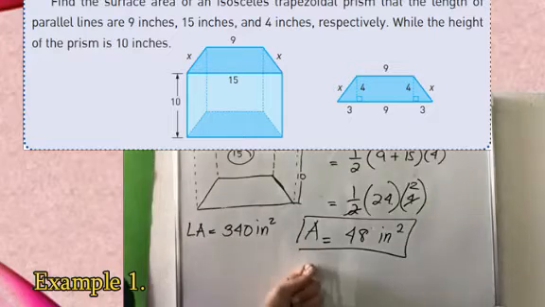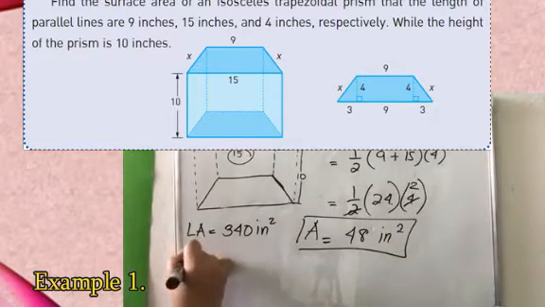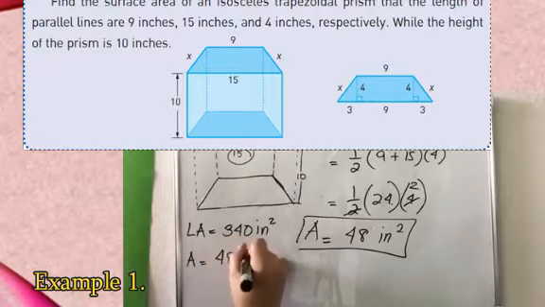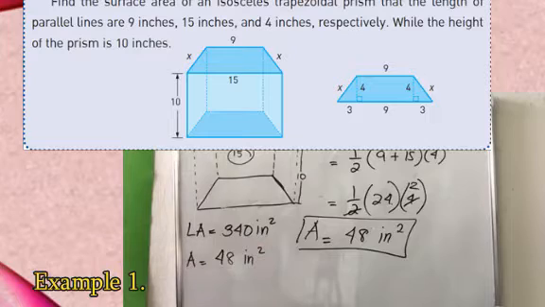So the area of the base is equal to 48 inches squared. We are going to write it here.